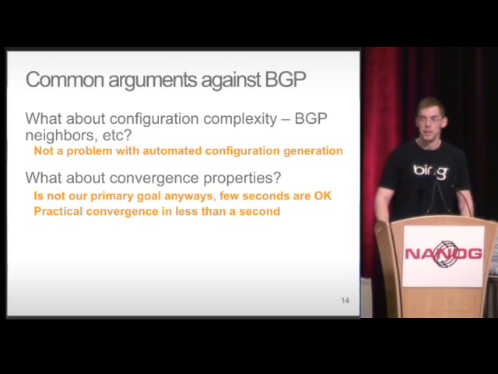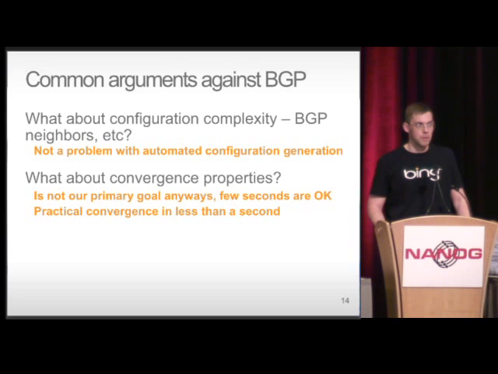And for the convergence time, which is BGP's main problem on the internet, it hasn't been an issue for us, mostly because we have a very simple and symmetric topology. Essentially, it's a Clos, all links are uniform, all paths are uniform. If something fails, analysis, simulations and experience show that it takes only a few seconds to reconverge.